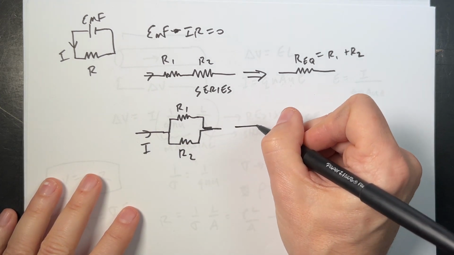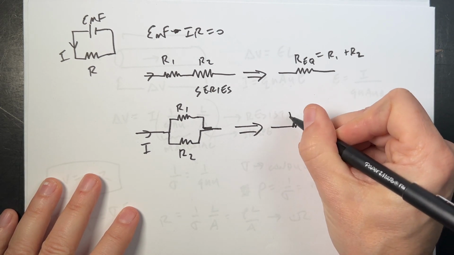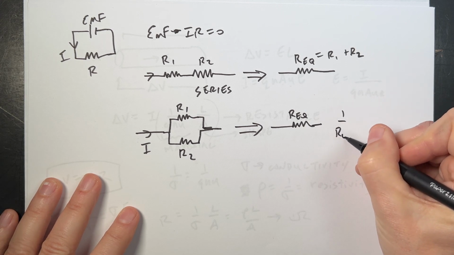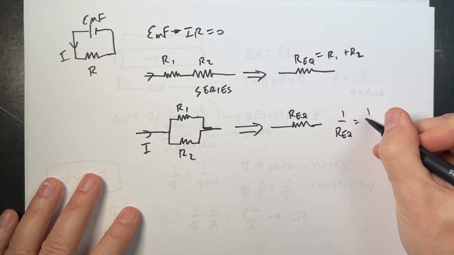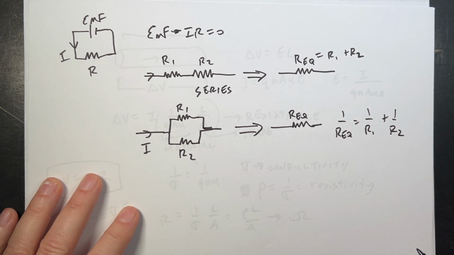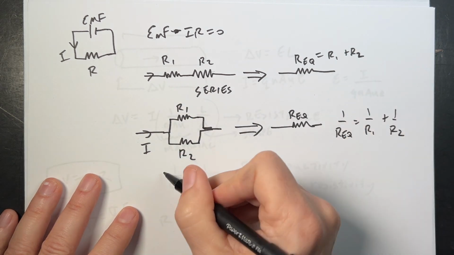But we can replace this with one single resistor, R equivalent, where 1 over R equivalent is equal to 1 over R1 plus 1 over R2. And I'll derive these in another video. And it turns out that for the series, this is parallel.